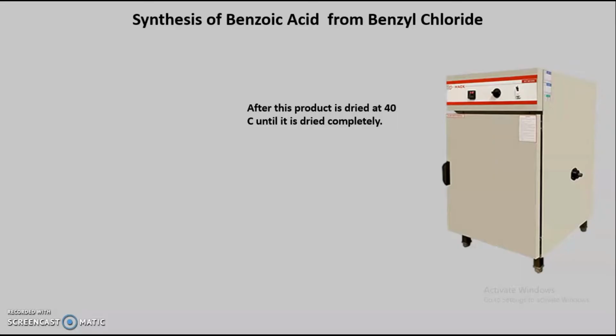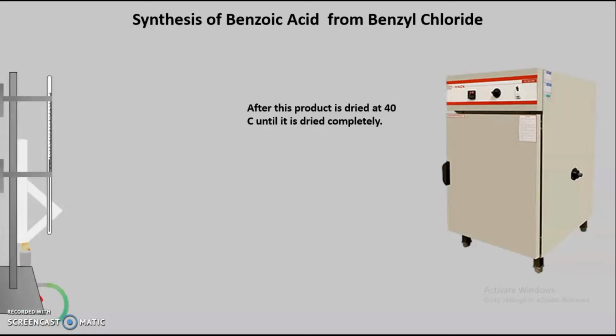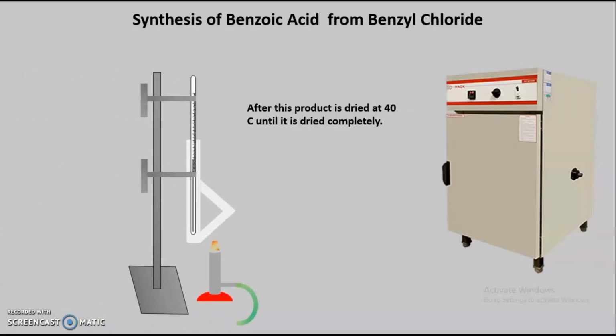We will dry the product in the hot air oven. After complete drying of our product, we will determine the melting point by using the Thiele tube. So this is the assembly which consists of a burner, Thiele tube, and a thermometer with an attached capillary tube which contains our product.